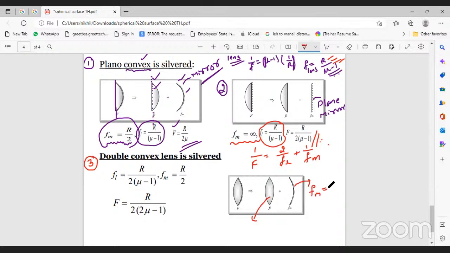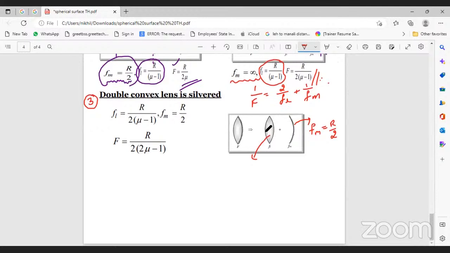What is the focal length of the curved mirror? Focal length of the curved mirror will be R by 2. What will be the lens maker's formula for a normal convex lens? 1 by f equals mu minus 1 into 1 by r1 minus 1 by r2. Since it is an equiconvex lens, the radius of curvature must be the same.